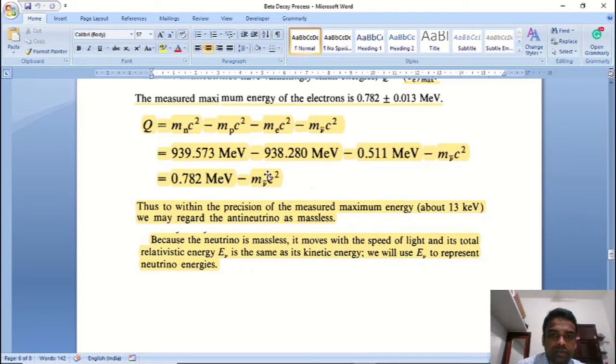We will get the energy of the antineutrino as 13 keV. Because the neutrino is massless, it moves with the speed of light, and its total relativistic energy, which we express as E nu, is the same as its kinetic energy. We will use E nu to represent neutrino energies.